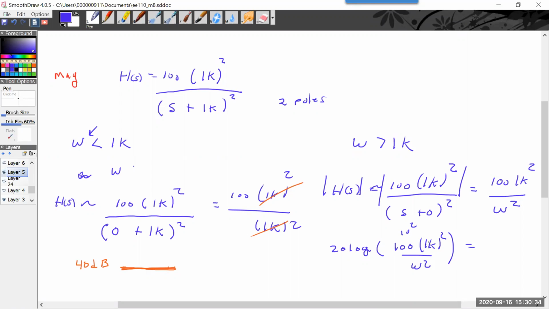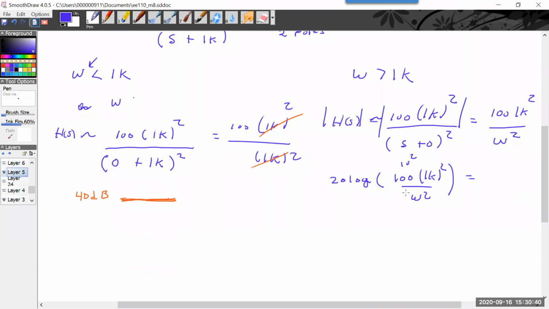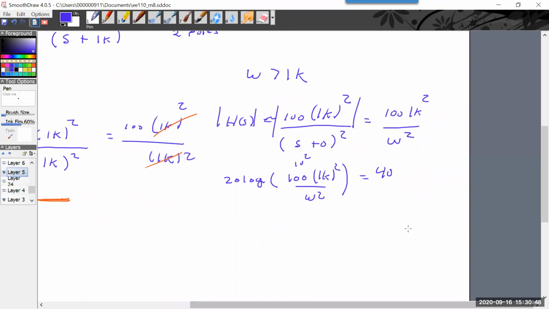So 10 squared, 1K squared, omega squared, we can turn that into 40 log 10 of 1K over omega, right?